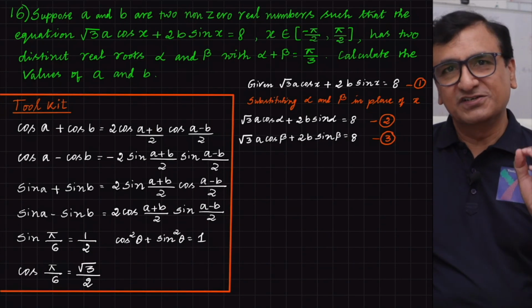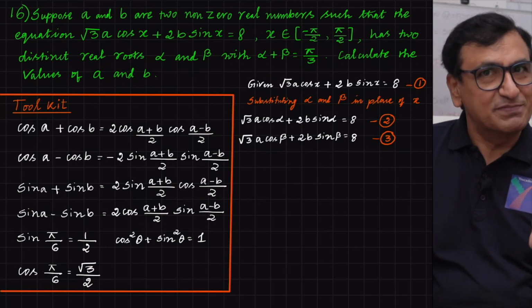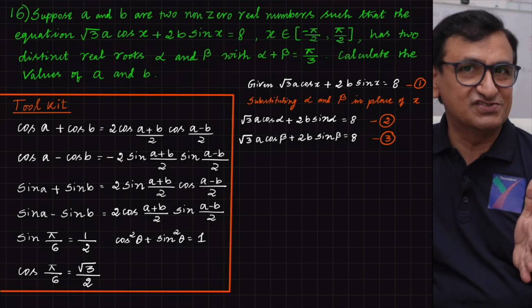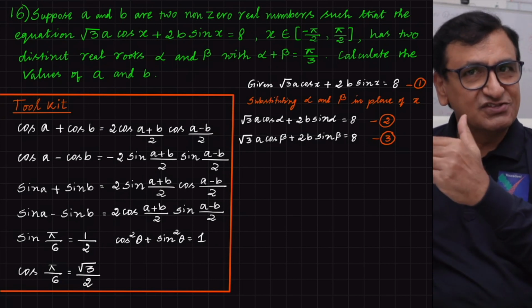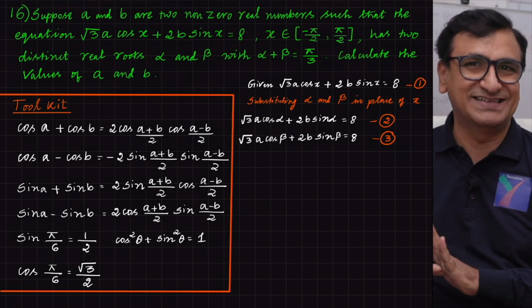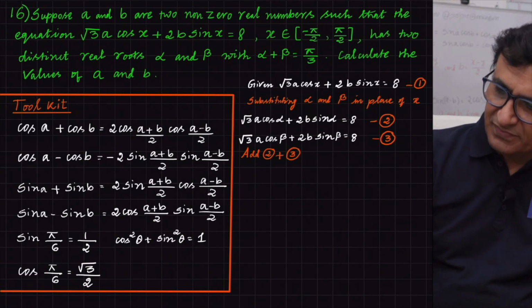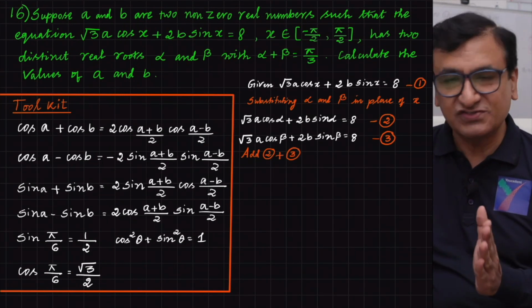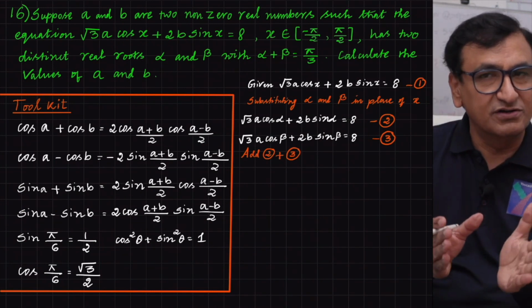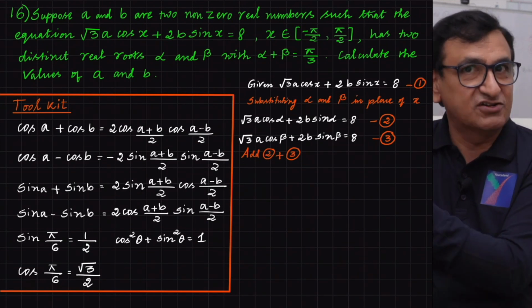Okay, now first I'm going to add 2 plus 3 and I'll get a neat expression. Then I'll subtract 3 from 2, I'll get another expression, and solve these two expressions for our a and b. First, let us add 2 plus 3. When you add 2 plus 3, you have square root of 3 a as a common term in the first part of the expression, and 2b as the common term in the second part.